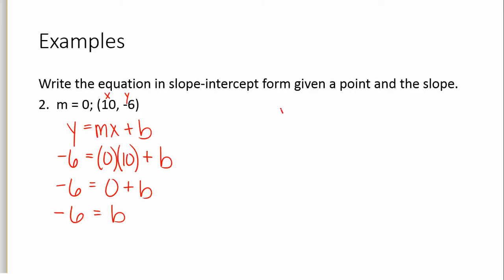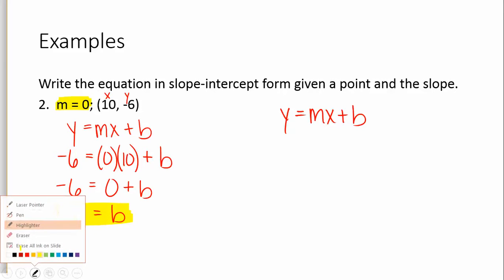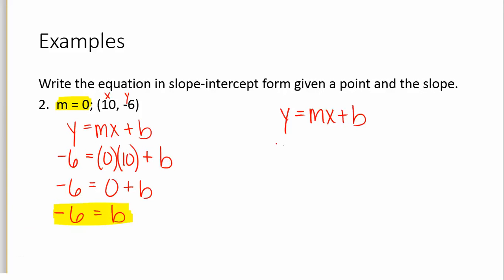So now we want to write the equation y equals mx plus b, plugging in the slope that we were given in the problem, 0, plus the y-intercept that we just solved to find. So that's going to give us y equals 0x minus 6.